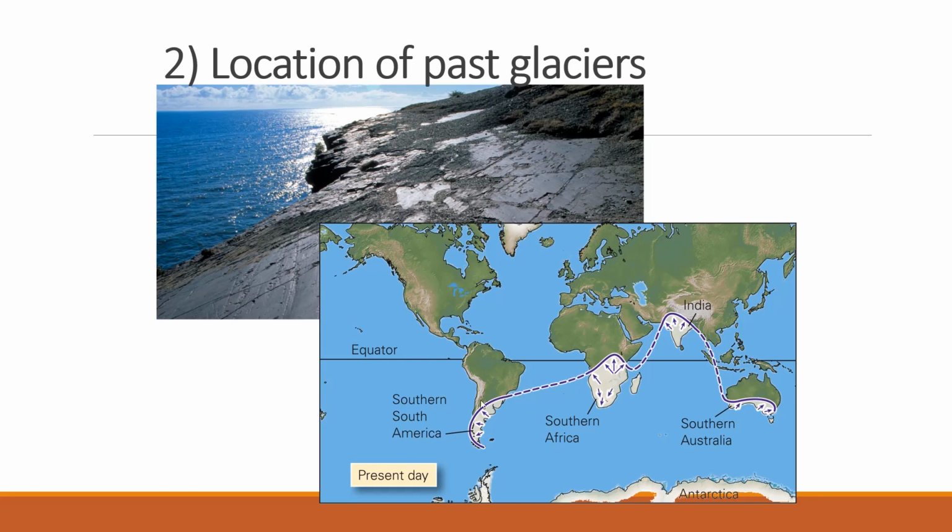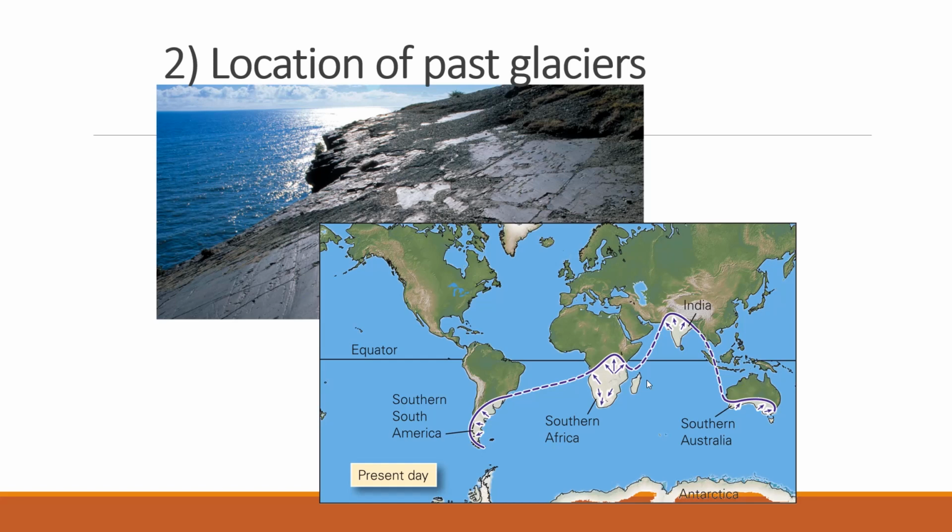So here we see glacial polishing. He saw extent of glaciers in places like India, Africa. These are places that, unless they're high mountaintops, don't have glaciers today.